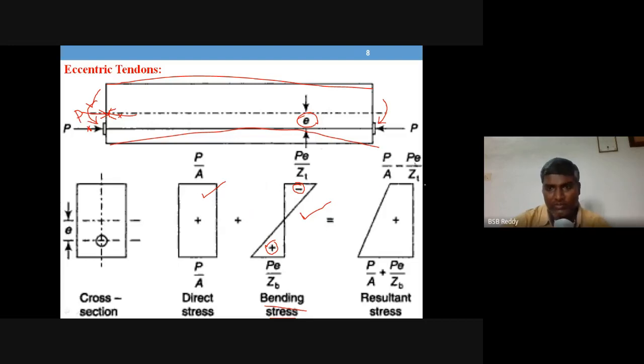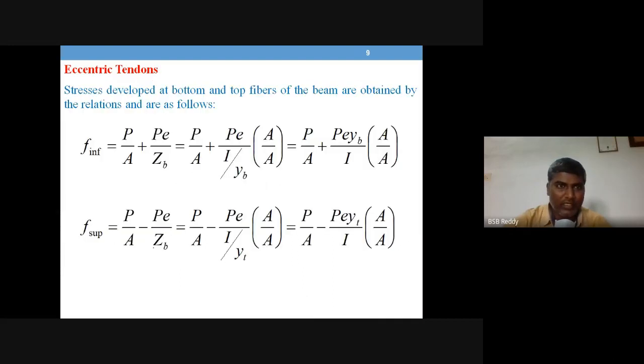Combining these two, you can calculate the final stress by this formula: P by A minus P E by Z top at top, and P by A plus P into E divided by Z B at bottom. These are the resultant stresses at top and bottom due to the eccentric tendon only.